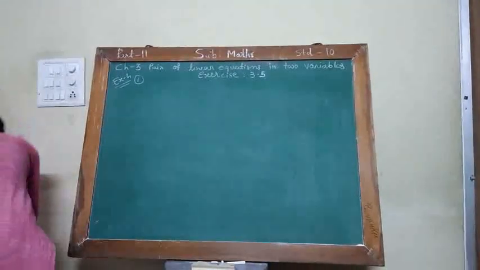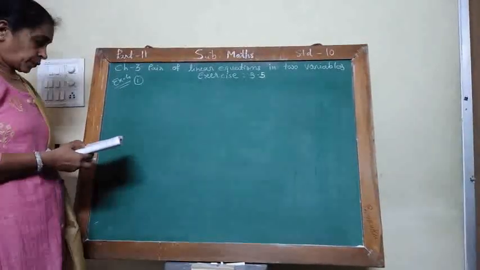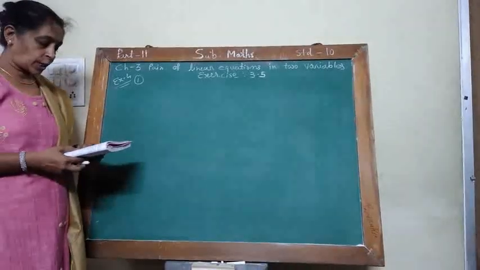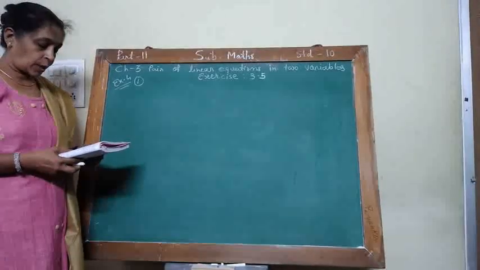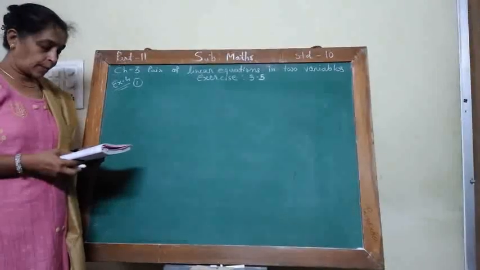So I take the first example. In that I read the sum. A part of monthly hostel charges is fixed and the remaining depends on the number of days one has taken food in the mess.